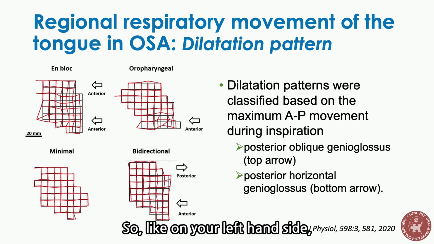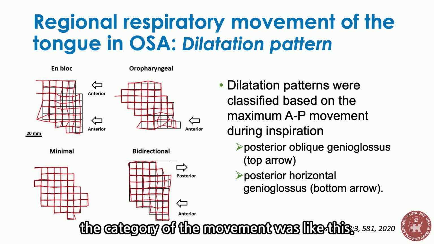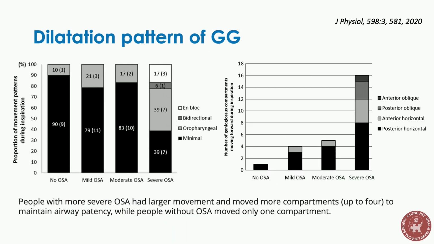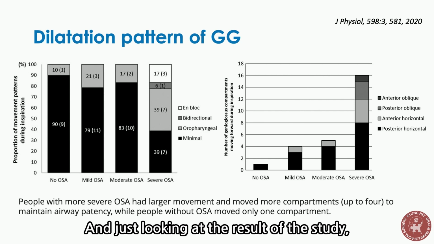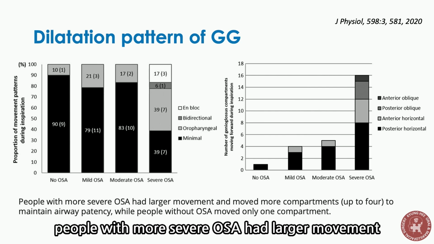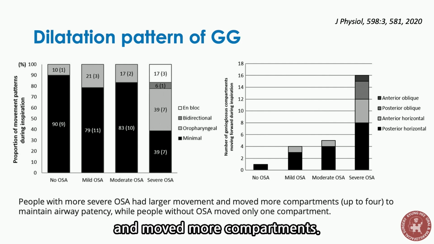So, like on your left-hand side, the category of the movement was like this. And just looking at the result of the study, people with more severe OSA had larger movement and moved more compartments.